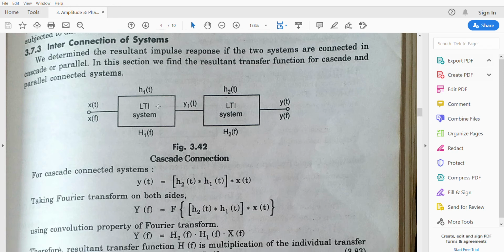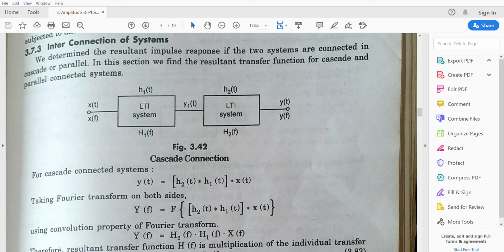We already discussed the interconnection of systems in unit number 2. In figure 3.42, if two LTI systems h1(t) and h2(t) are in cascade connection, that is in series, then to find the output response y(t), the system interconnection is a convolution of h1 with h2.